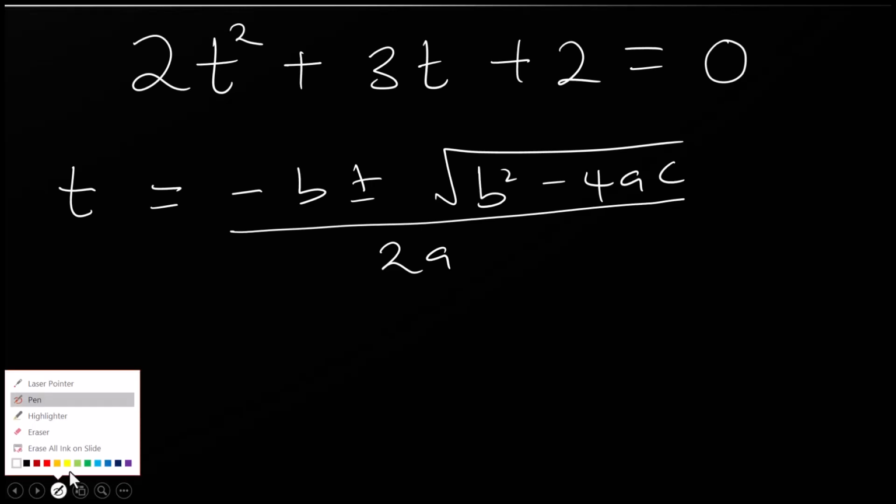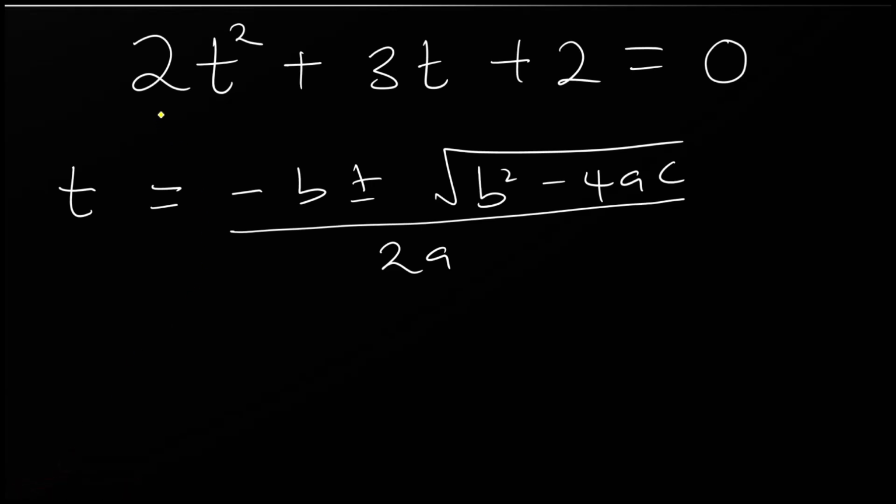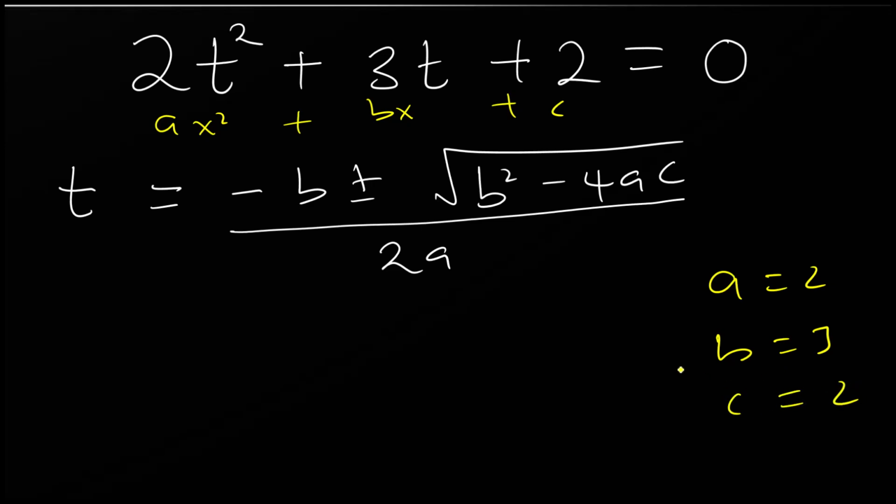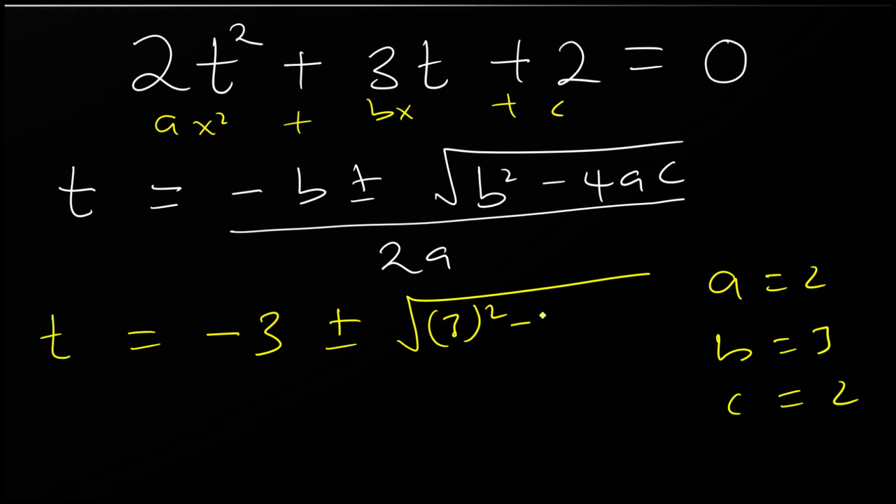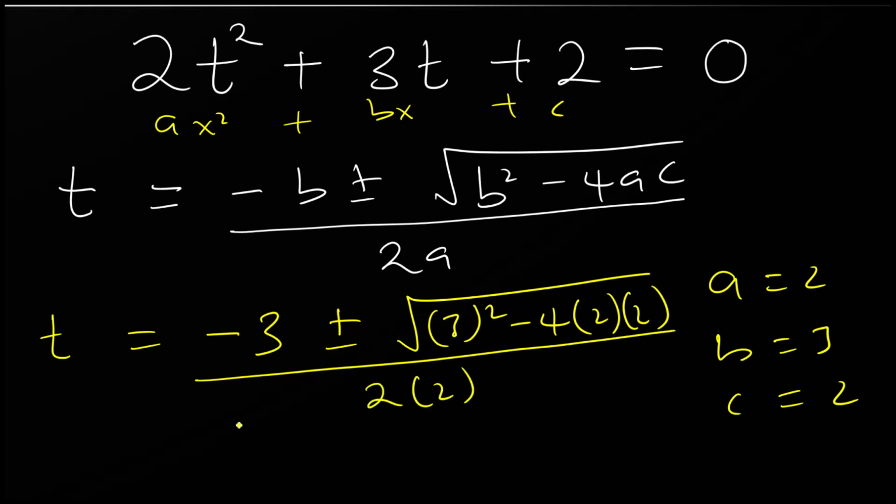So when you compare the equation with the general quadratic equation, ax squared plus bx plus c, we have a as 2, b as 3, then c as 2. So from here, b is 3, so minus 3 plus or minus the square root of 3 squared, that is b, minus 4 times a, 2, times c, 2, on 2 times a, that is 2.